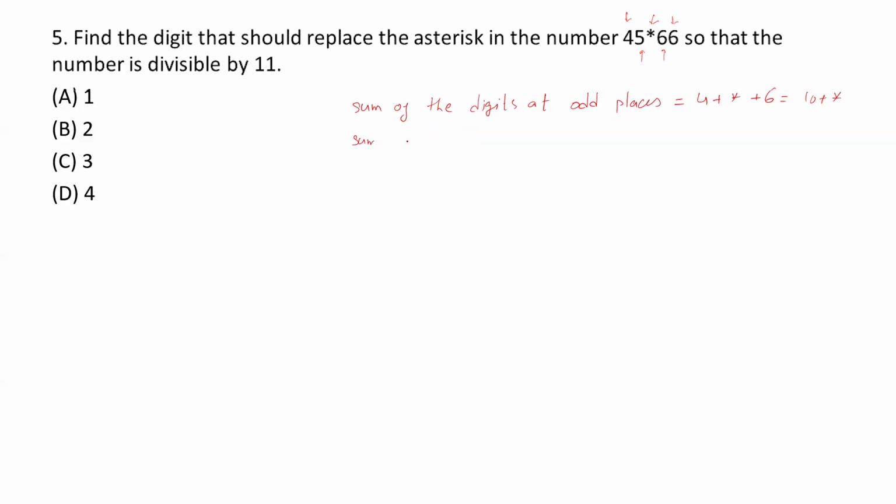Again, sum of the digits at even places is equal to, second place is 5, fourth place is 6, and that is equal to 11. Difference between the sums.